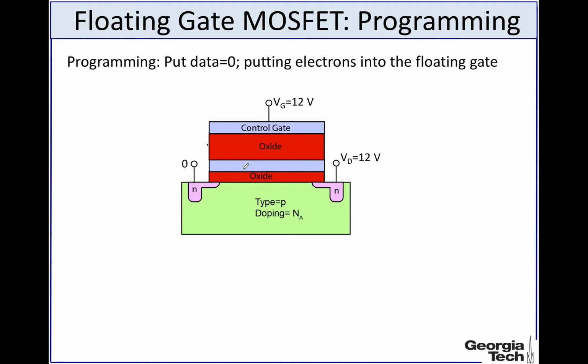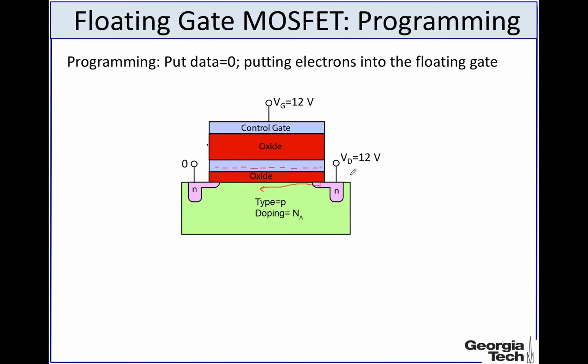Alright. So the way it's done is you apply a high voltage at the drain, the source is at 0 volts, and also the gate voltage is at a very high voltage. So what will happen is that a lot of current will flow in the channel, and due to a mechanism called hot electron injection, the current will flow in this direction and electrons will flow in this direction. So some electrons will now jump across the oxide and end up in this floating gate.